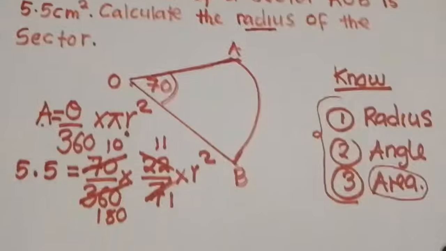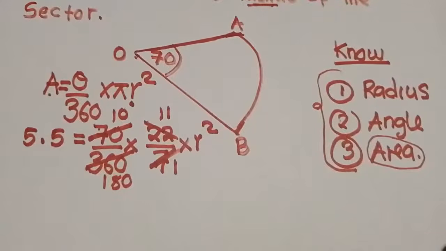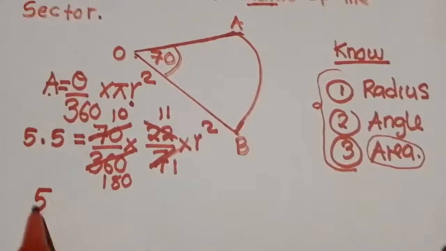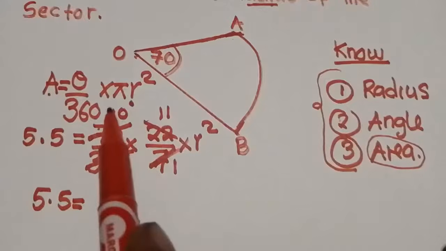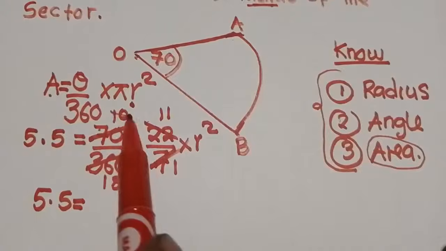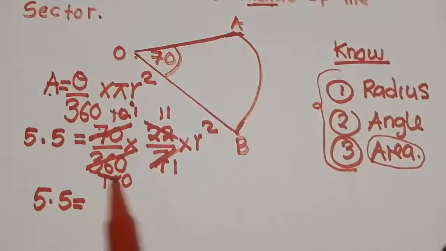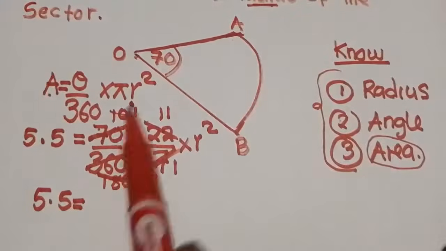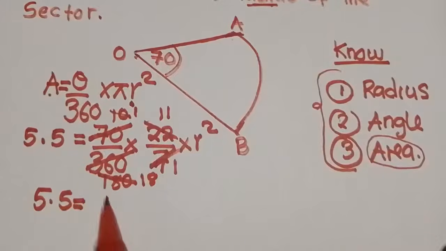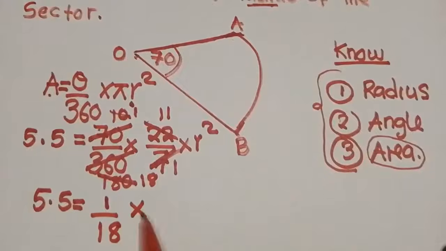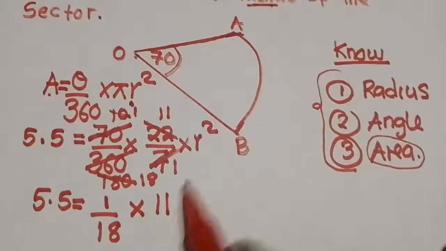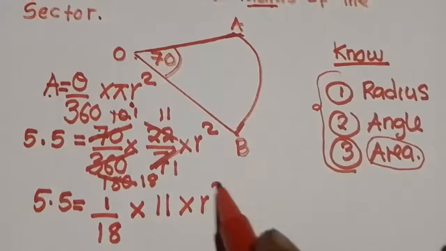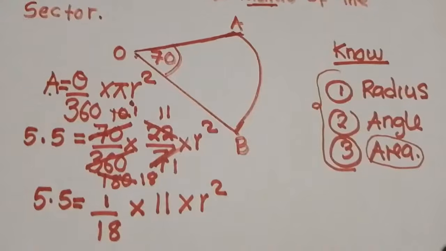So the numbers that I've remained with after the cancellation, I've remained with 5.5 is equal to, so 10 there, it is 1, 10 there, it is 18. So I've remained with 1 over 18, times 11 times R squared. This is what I've remained with.